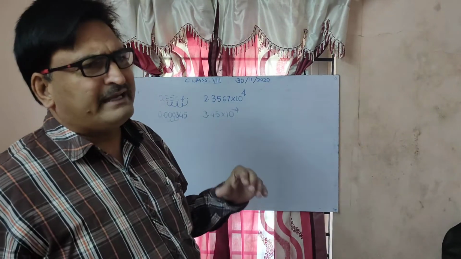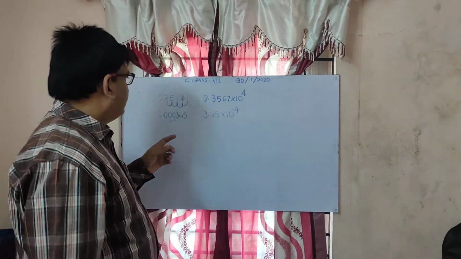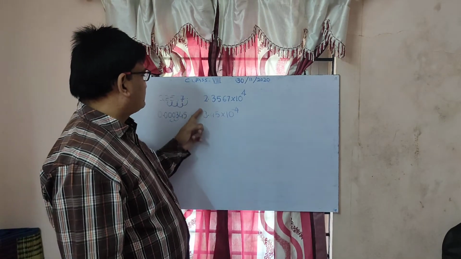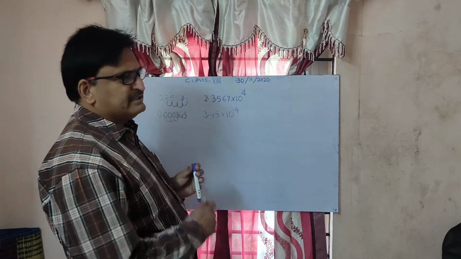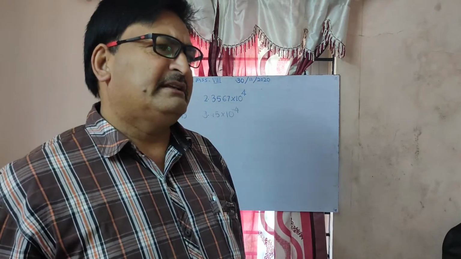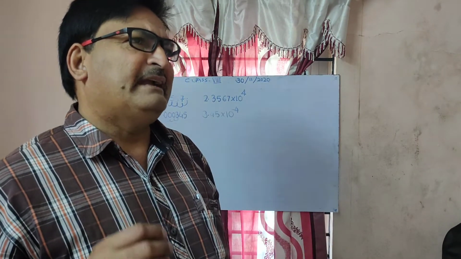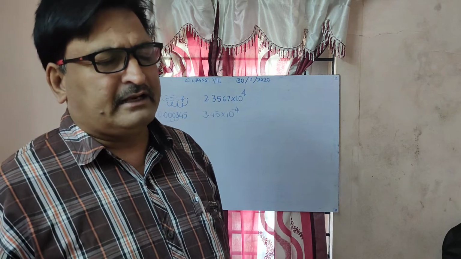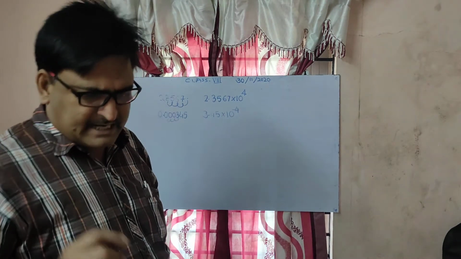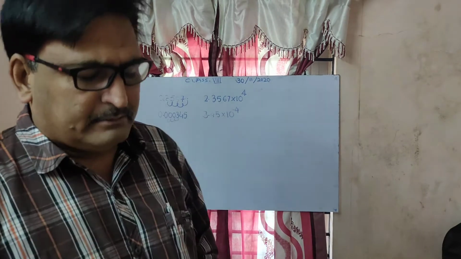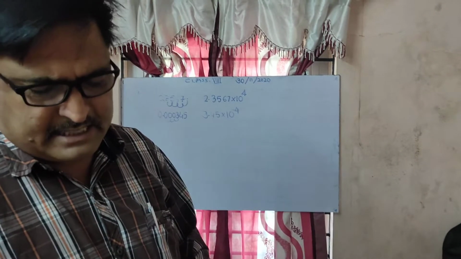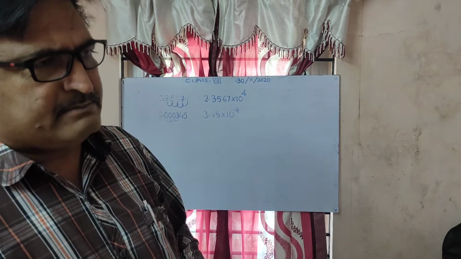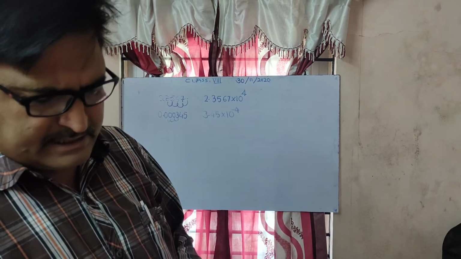What you might have observed is that the first number is always a single digit number, the number starts from 1 and it is less than 10. The number must be more than 1 and less than 10. You have to remember the number is more than 1 and less than 10.